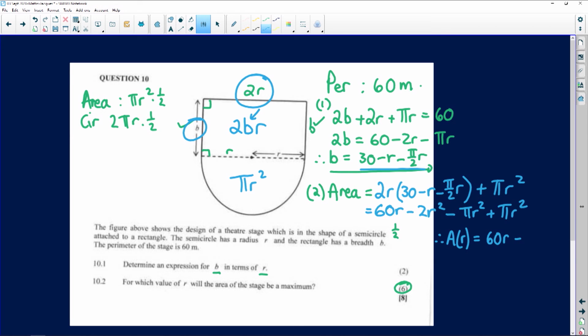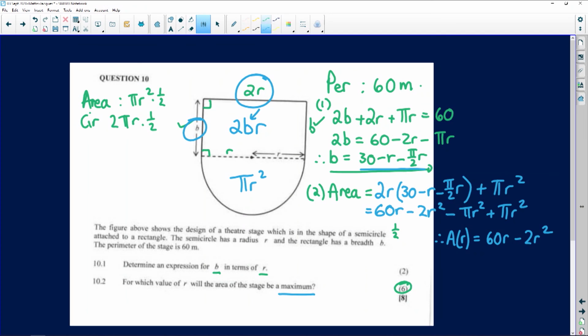60r minus 2r squared. Now what do they ask us? They ask us for the maximum area. To find the maximum of this area of this stage, we use calculus. We now have to differentiate this and solve it equal to 0 because that gives you your optimum value. Okay, so we go into phase 2. I'm going to change color.